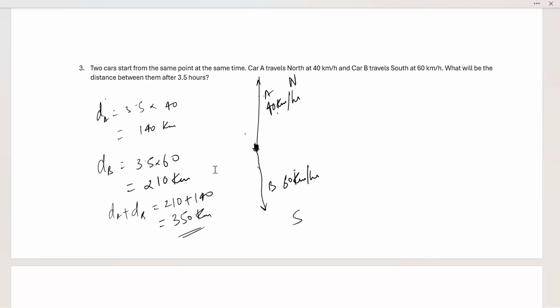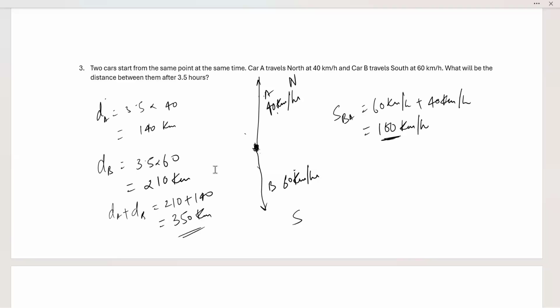Okay, so S of B with respect to A is equal to 60 kilometer per hour plus 40 kilometer per hour, which is equal to 100 kilometer per hour. ठीक है. Every hour the distance between them increases by 100 kilometers.